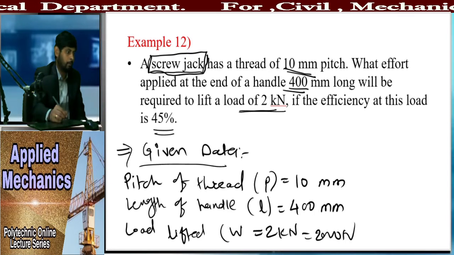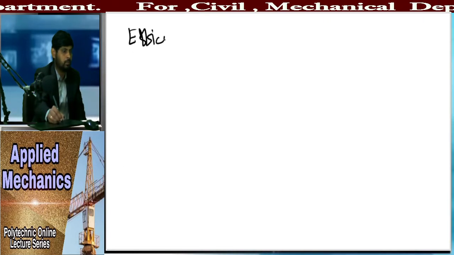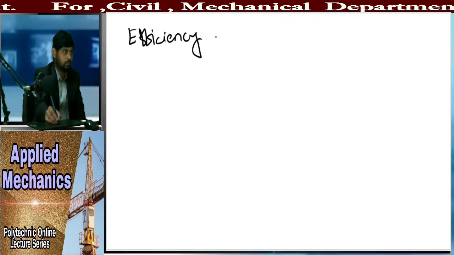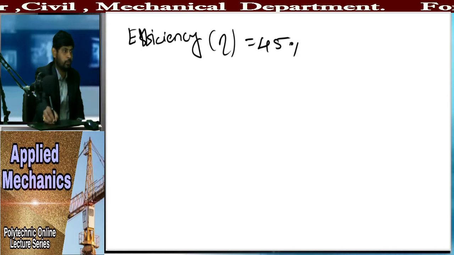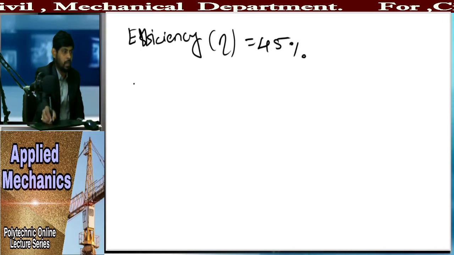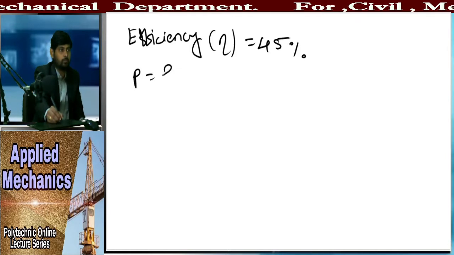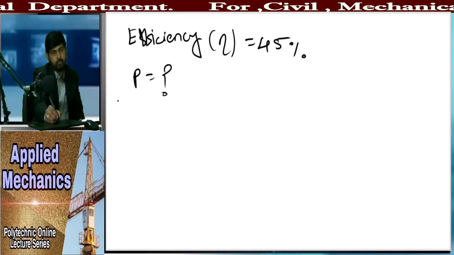After that, efficiency is also given here, efficiency is equal to 45%. And what they ask us to find out is the effort required to lift the load, so we have to find out P, that is nothing but the effort.